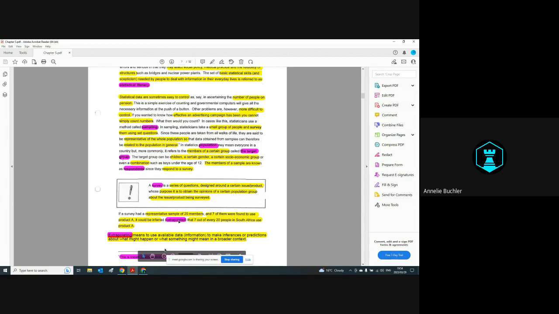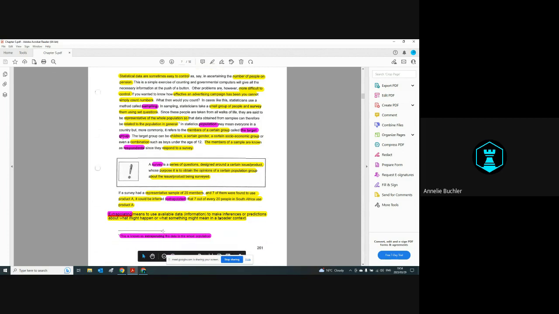Now, I actually typed in additional notes for you to make it easier. Extrapolating means to use available data or information to make inferences or predictions about what might happen or what something might mean in a broader context. Okay, so that just makes that term, it clarifies it a bit more.